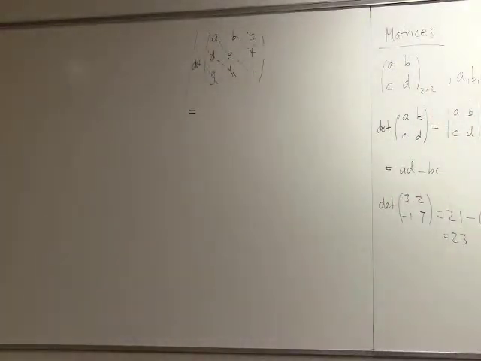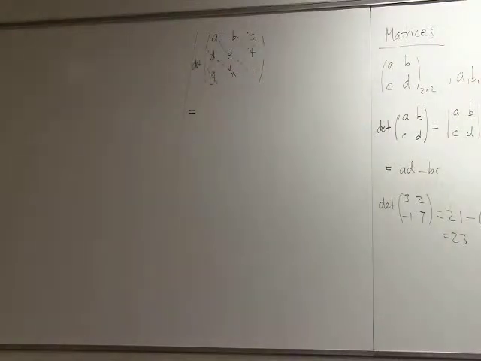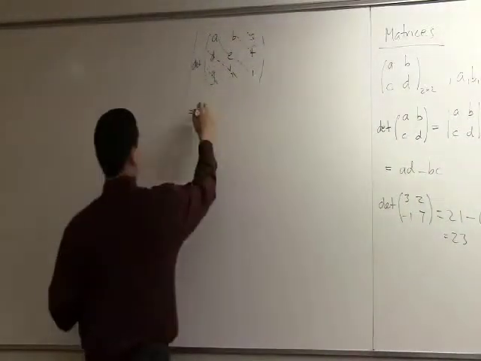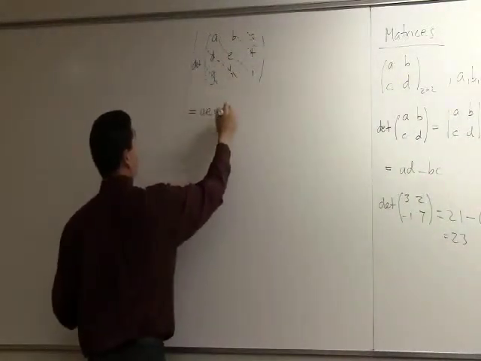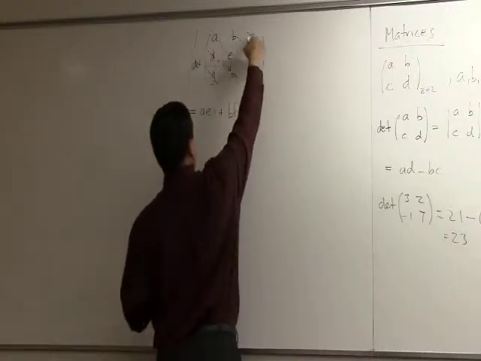Okay, so that's going to be our step one. And remember, everything that goes left to right gives positive, just like with the 2 by 2 one. So we write down AEI plus BFG plus CDH.